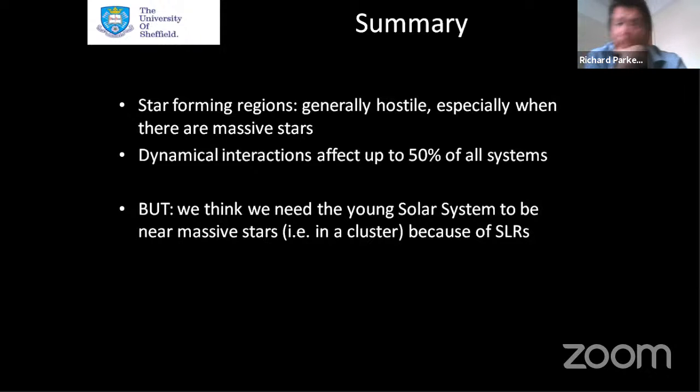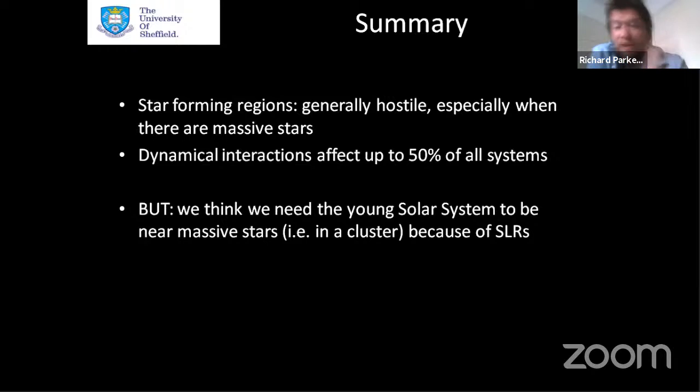And when you have a star-forming region, dynamic interactions could potentially affect up to 50% of all planetary systems, either via direct encounters with passing stars or via secondary dynamic effects from things like the von Zeipel-Lidov-Kozai mechanism.